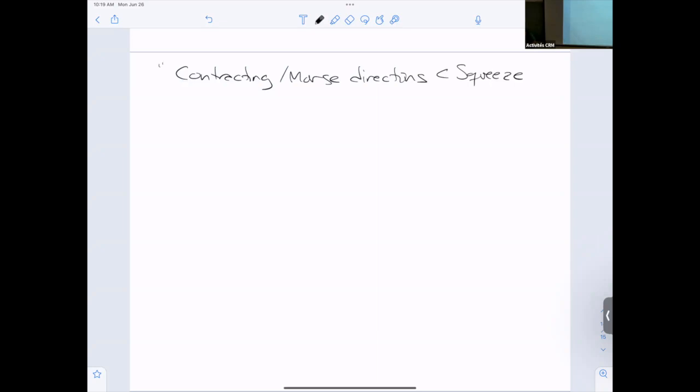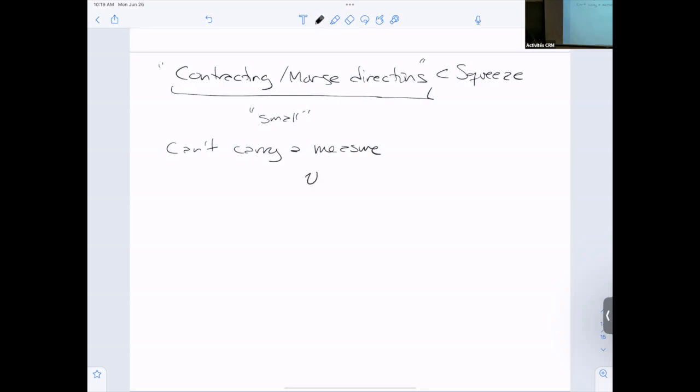But these are small, in the sense that they can't carry a stationary measure, meaning that when you convolve mu with nu, you get nu again.